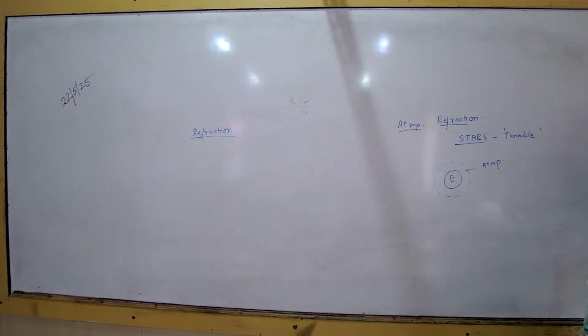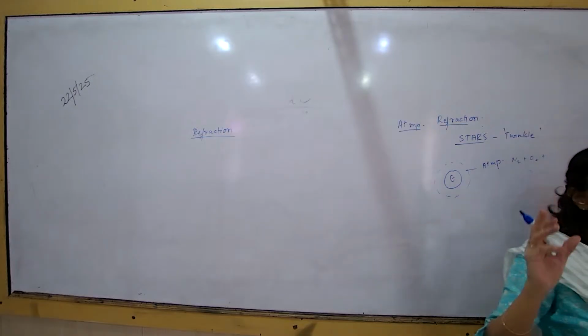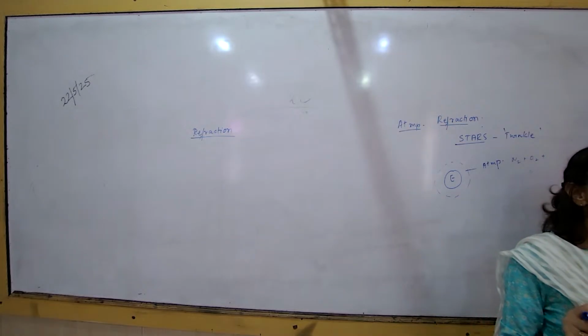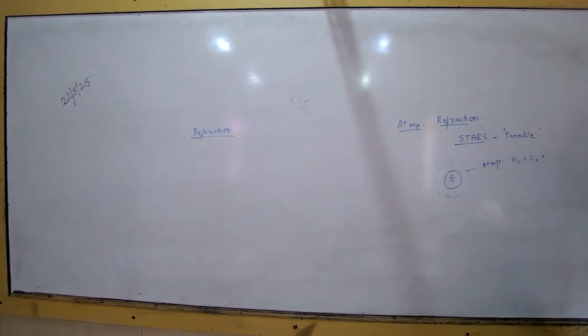The major ones present are nitrogen and oxygen, and of course various other gases like hydrogen and inert gases. In addition, we also have dust particles and water droplets.